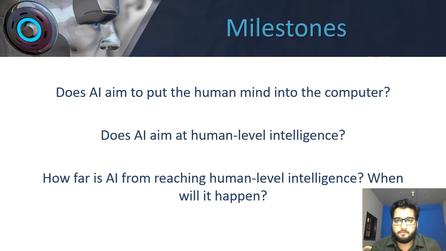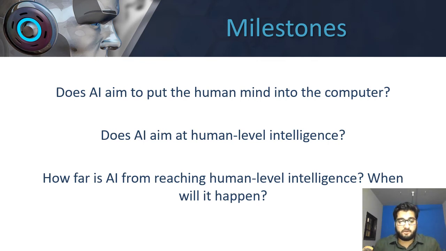When discussing the milestones of artificial intelligence, usually these questions pop up. Does AI aim to put the human mind into the computer? Does AI aim at human level intelligence? Well, in order to explain them, I will elaborate on intelligence. Something is defined as intelligent when it can learn, solve a particular problem with correct reasoning, or make correct decisions.